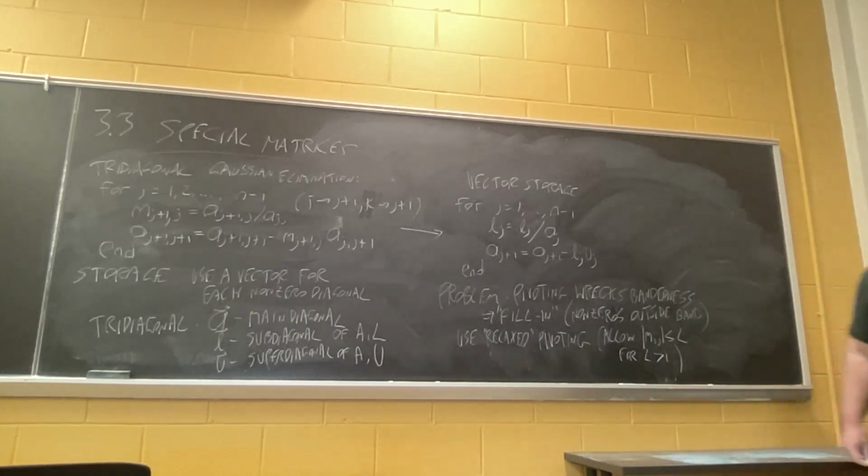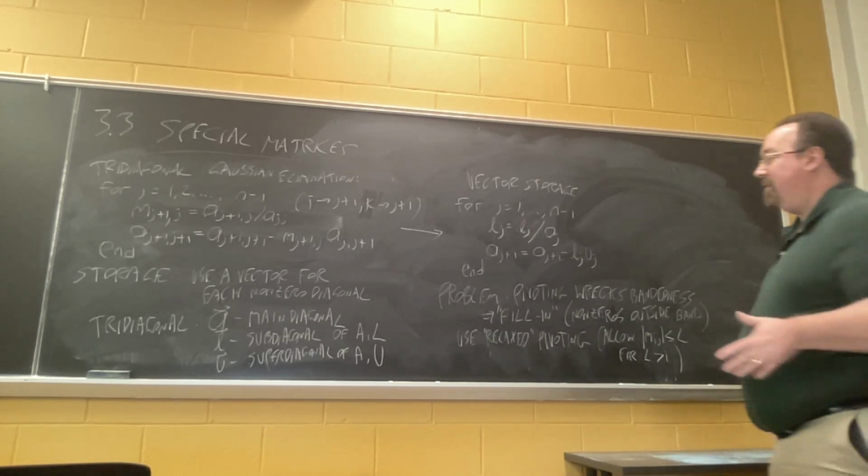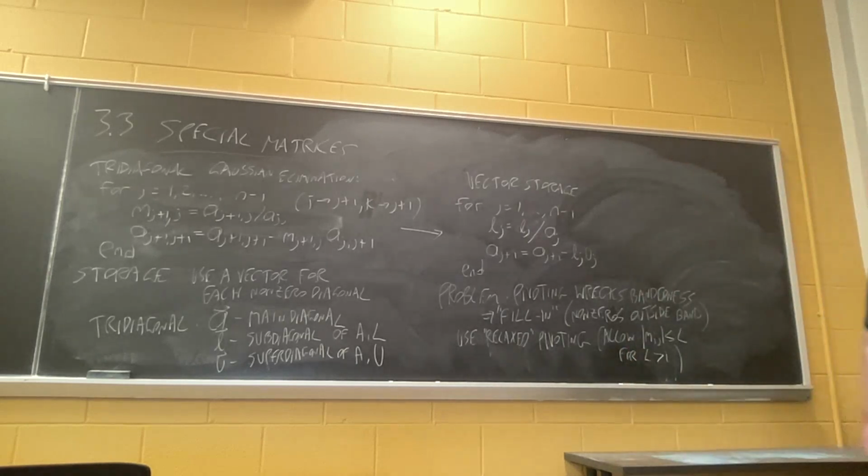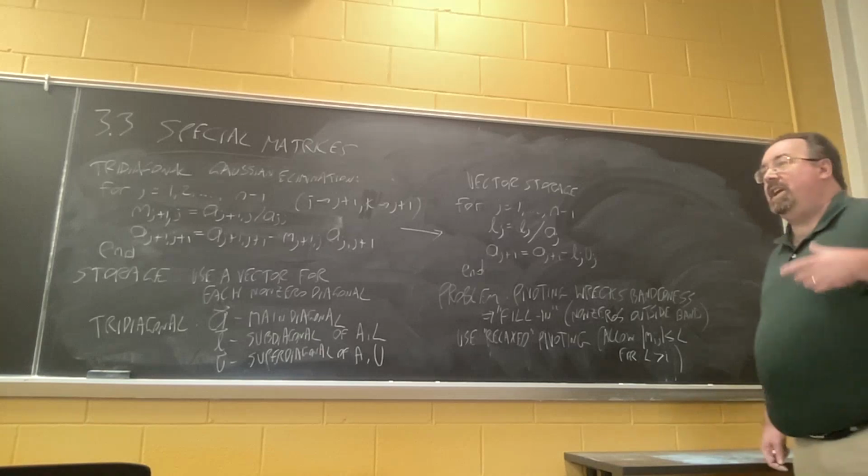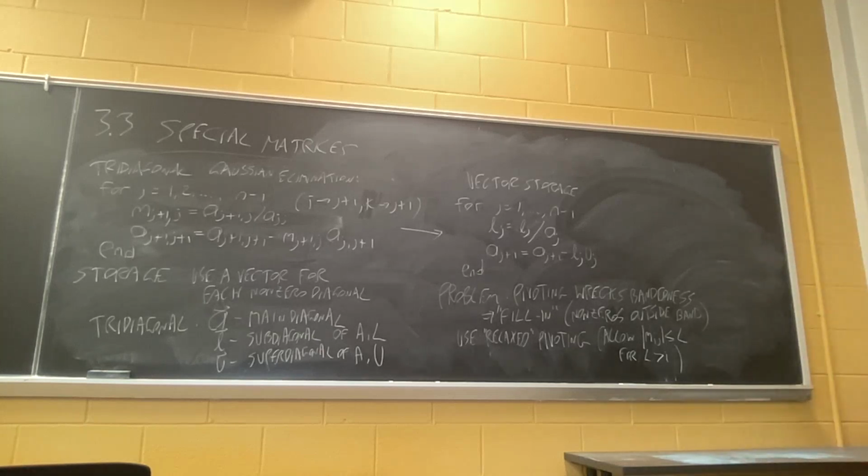So what if you don't require that the multipliers be less than or equal to 1, maybe less than or equal to some value L. So you're still trying to limit the propagation of round-off error from Gaussian elimination by at least limiting the multiplier size. You don't want them to get arbitrarily large. But if you're going to interchange rows, because you're in danger of having a large multiplier, maybe you settle for a second best, like whatever's going to do the least damage to sparsity. So it's not great, but it's all we can do.